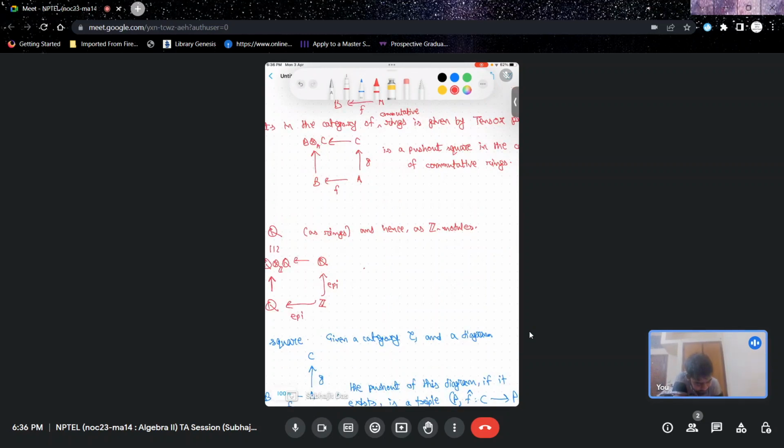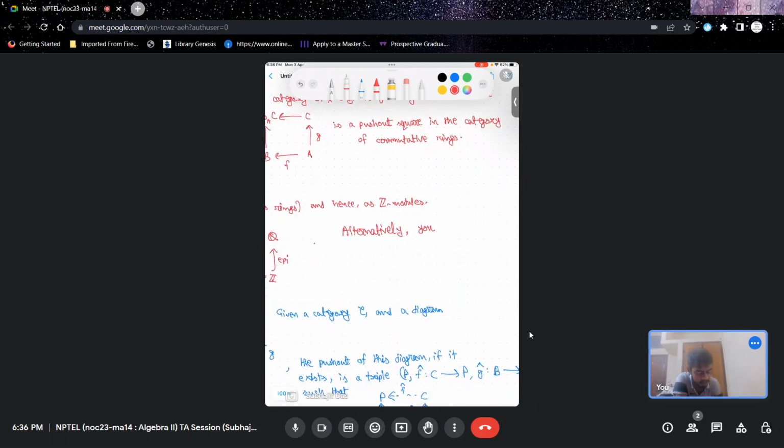Alternatively, if you want to avoid category theory stuff, you can just use the universal property, the fact that the tensor product actually represents a functor. That is the universal property of the tensor product.